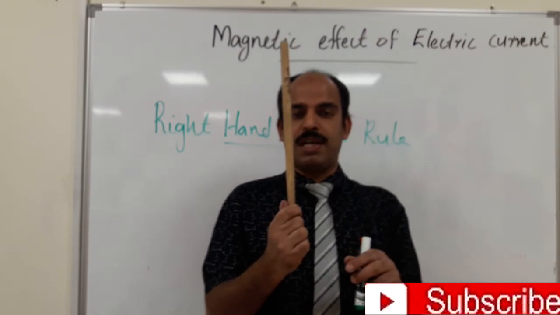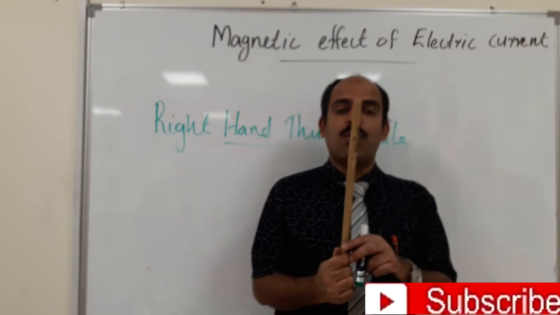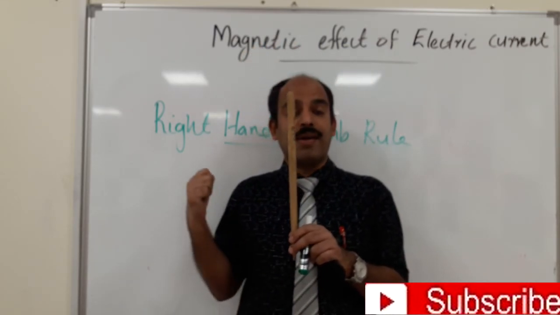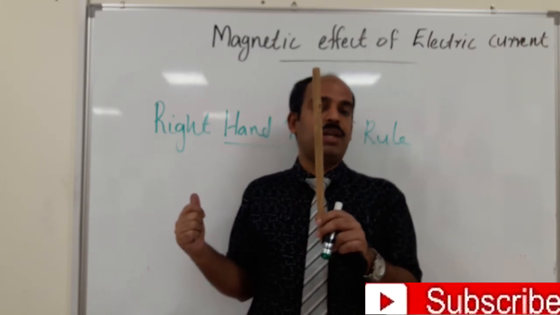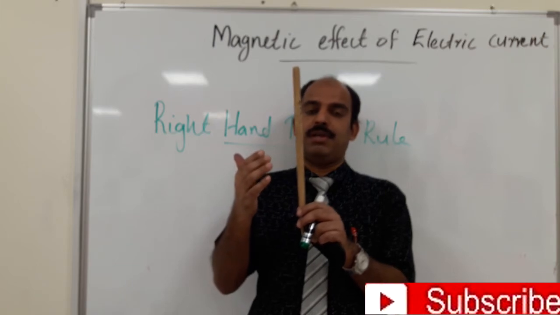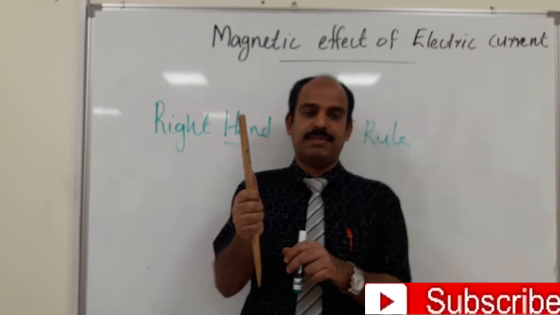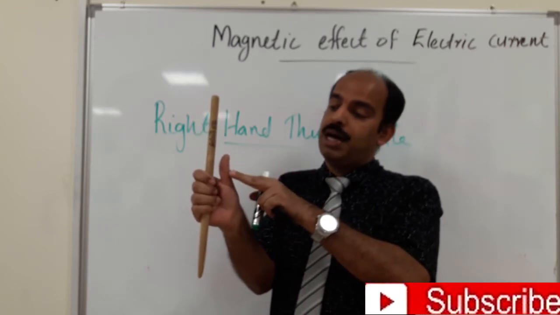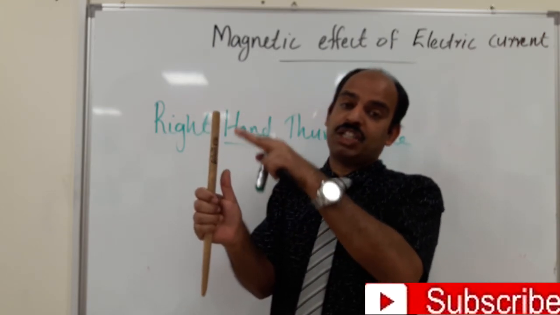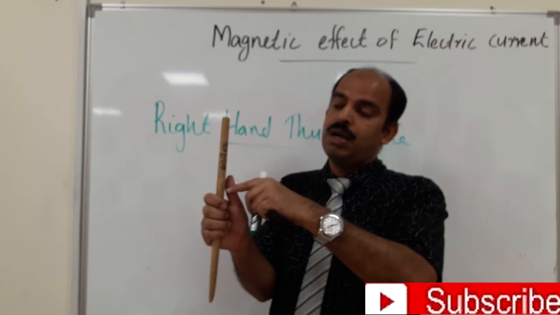Suppose this is a conductor carrying current. Now according to the right hand thumb rule, imagine holding the conductor in your right hand such that the thumb points in the direction of current. Suppose the current is going upwards.